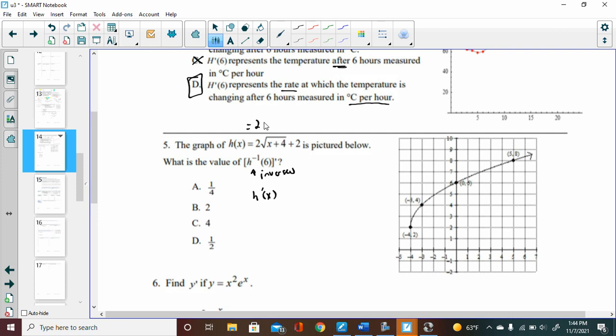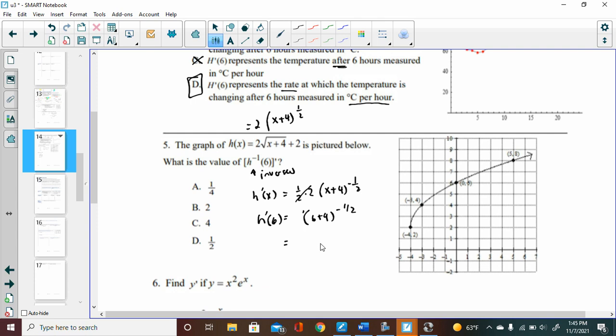This equals 2 plus x plus 4 to the 1/2. So the derivative would be 1/2 times 2 times x plus 4 to the negative 1/2. And the derivative of 2 is just 0. So h prime of 6 equals, let's see, that's just going to cancel. I'm going to have 6 plus 4 to the negative 1/2.